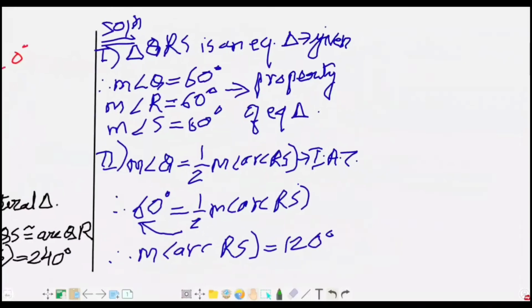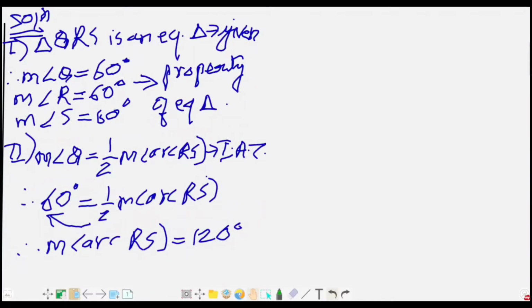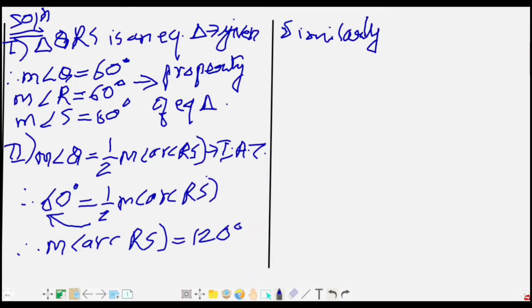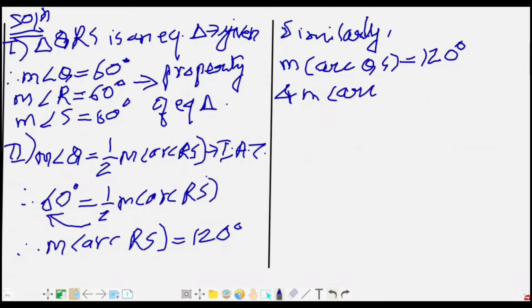Similarly, the measure of arc QS is also 120 degrees and the measure of arc QR is also 120 degrees.